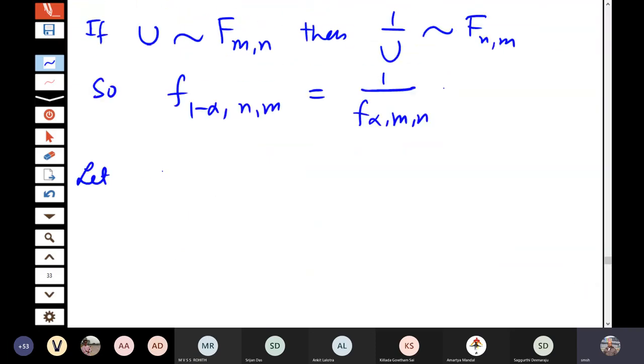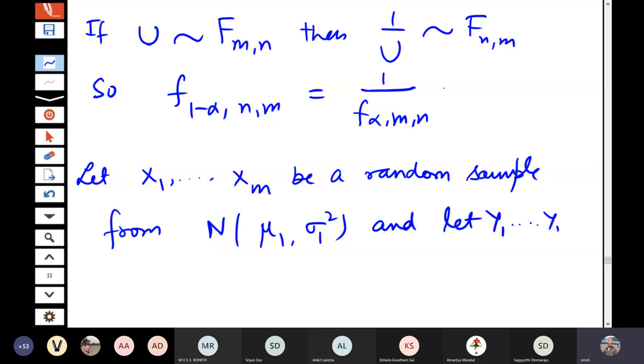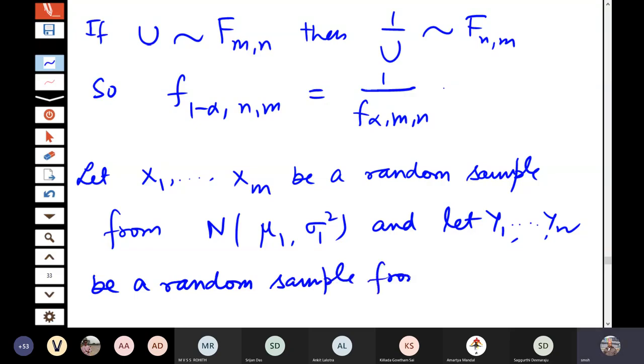So let x1, x2, ..., xm be a random sample from normal mu1, sigma 1 square, and let y1, y2, ..., yn be a random sample from normal mu2, sigma 2 square.